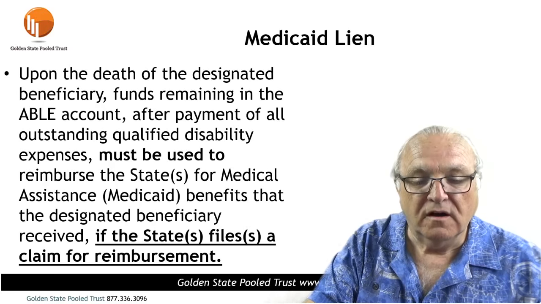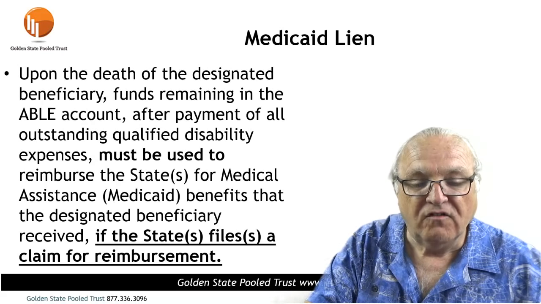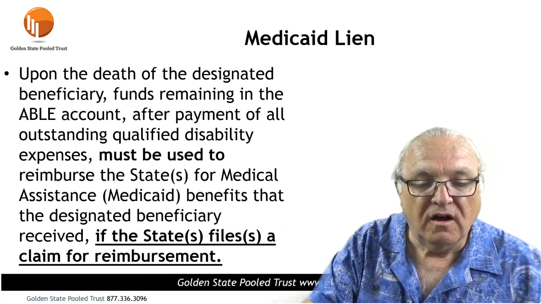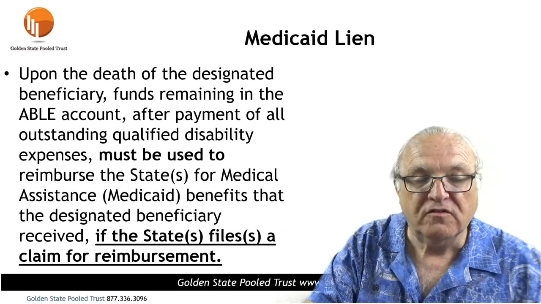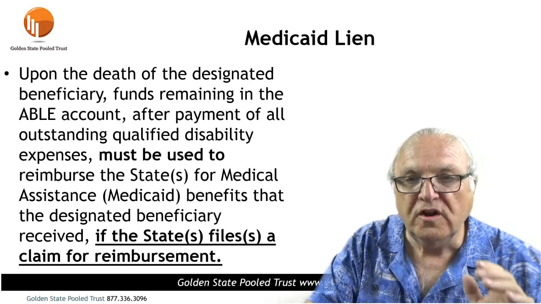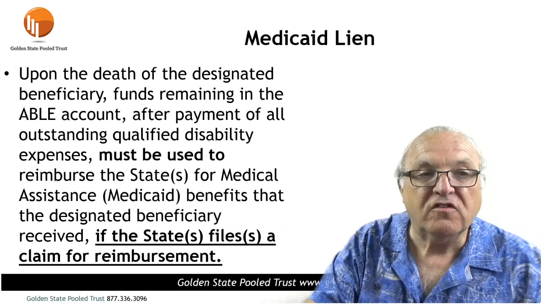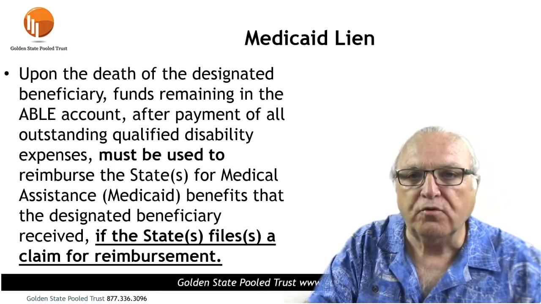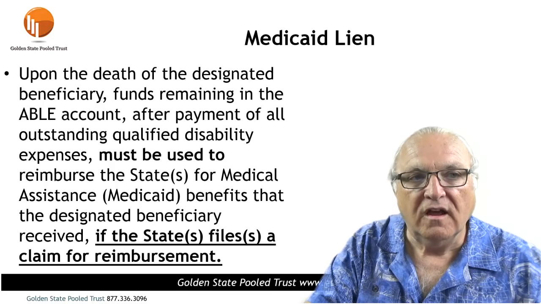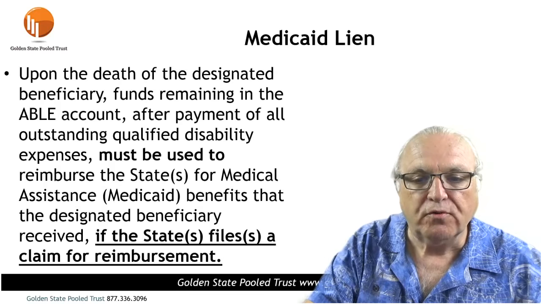At the time we were recording this, there are 4 states that have actually passed a law saying that they do not intend to file for reimbursements, and those are California, Pennsylvania, Oregon, and Florida. These are only for their residents using their programs, okay? But when the California program is up and running, if the lien is an issue, that certainly will give a real benefit for using the Cal ABLE program.